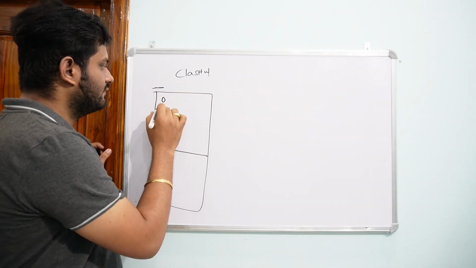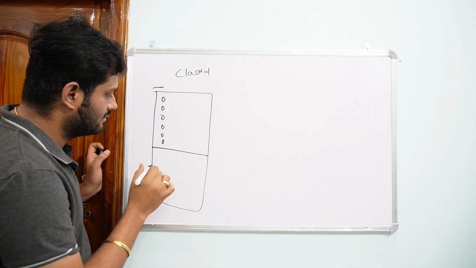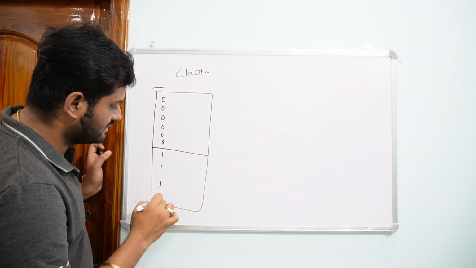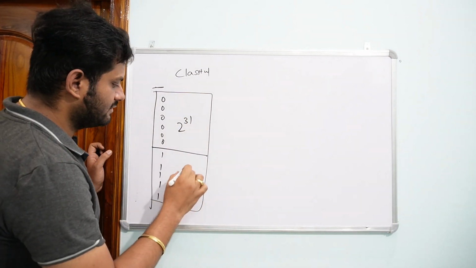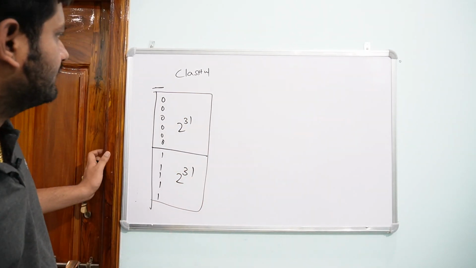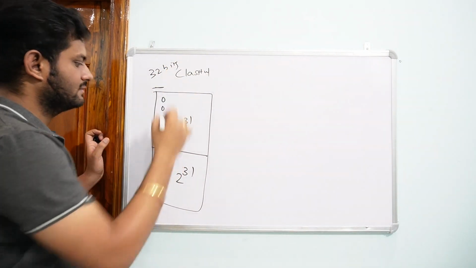The first part will have 0 at the beginning and the second part will have 1 in the beginning. So this will be 2 power 31 and this will be 2 power 31. This IP address is of 32 bits.